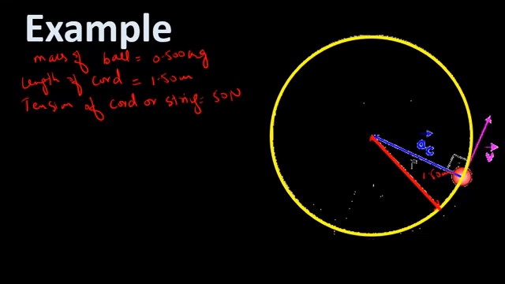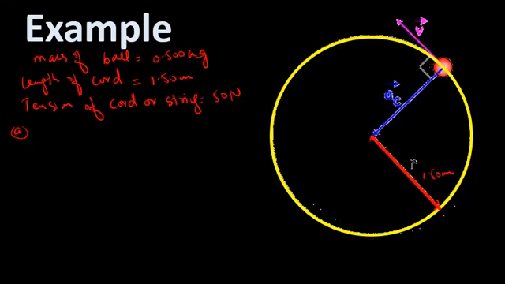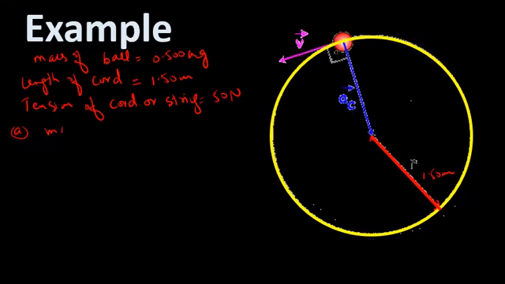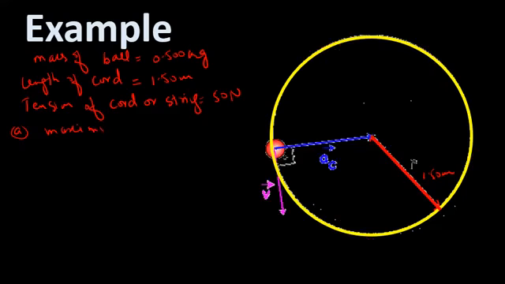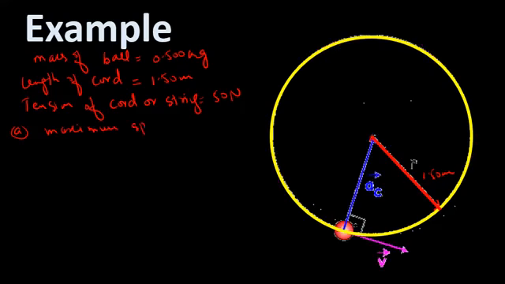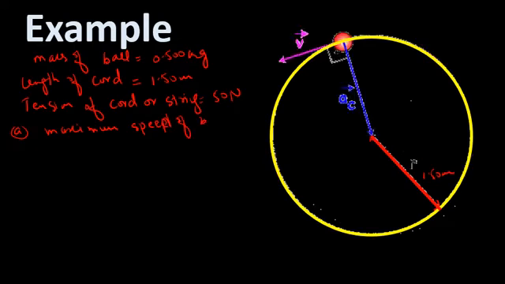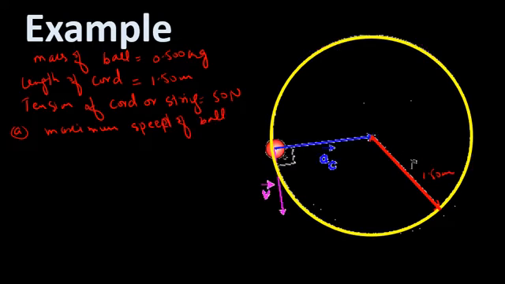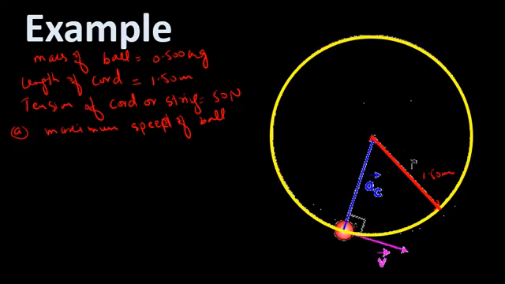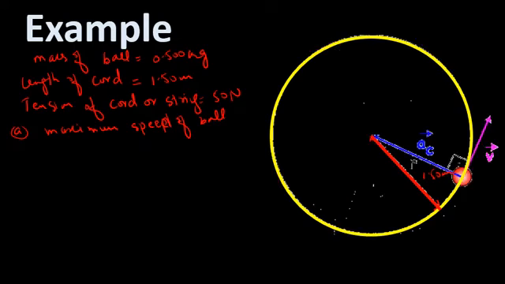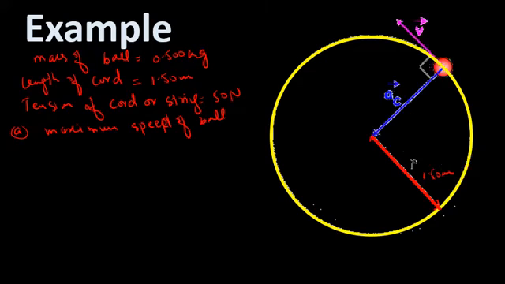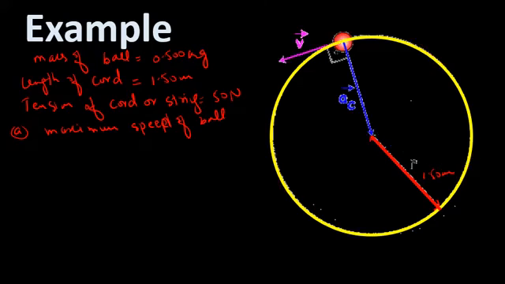So here you need to calculate the maximum speed of the ball before the cord can break. Okay, so now we can go to the solution.